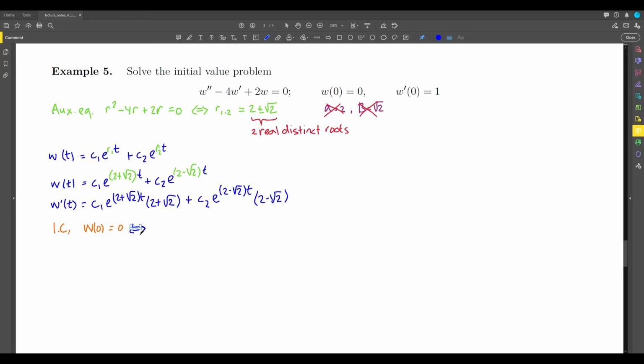So that is equivalent with 0 equals c1 e to the power 2 plus square root of 2 times t, which is 0, and then plus c2 e to the power 2 minus square root of 2 times 0.